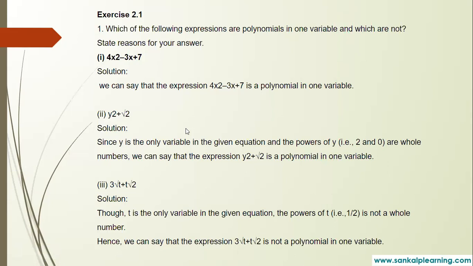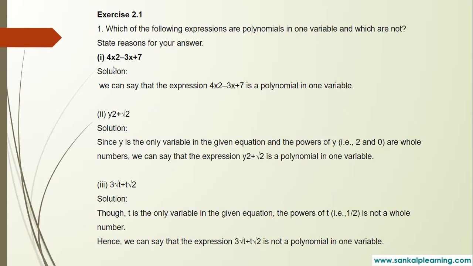Let us move on to exercise 2.1. Which of the following expressions are polynomials in one variable and which are not? State reasons for your answer. For one variable, we look at whether the expression has only one variable. First one is 4x square minus 3x plus 7.